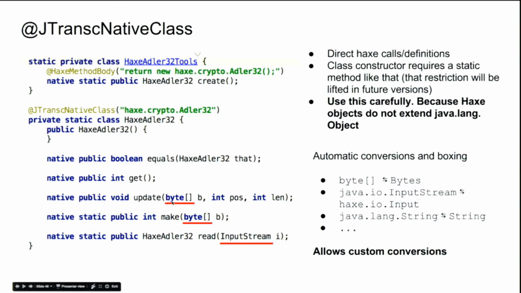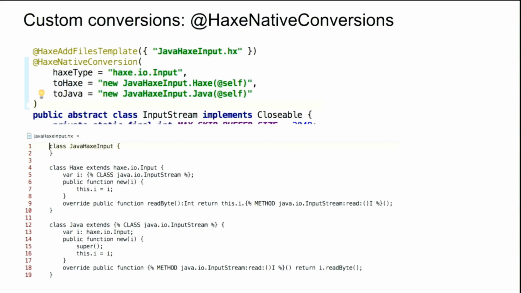For example, byte array is converted into Haxe IO bytes and input stream into Haxe IO input, and it allows you to create custom conversions. So this is the input stream, and here you define how to convert between Haxe and Java, and by including a Haxe file, you can create classes.